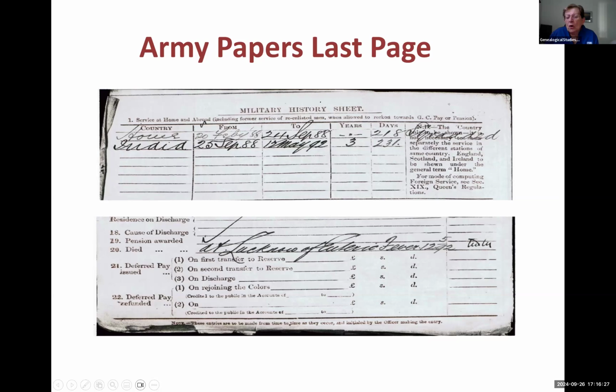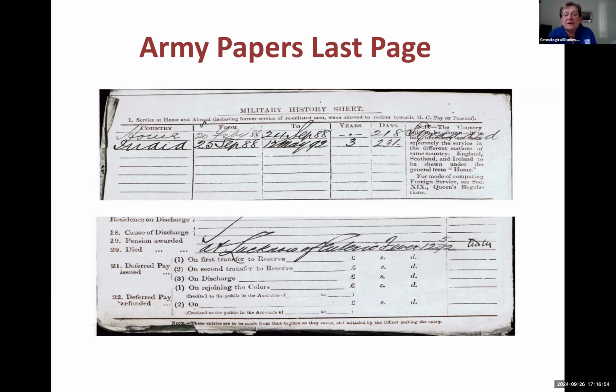Let's have a look a bit more at the papers. What was William Padwick actually doing? So he signed on the 20th of February 1888 to the 24th of September 1888. What happened then? He's been married about a month, as far as we know, August through to September.